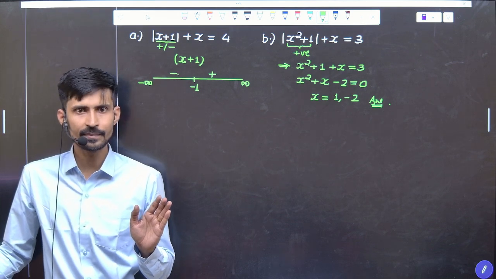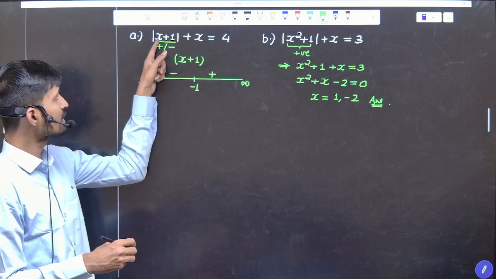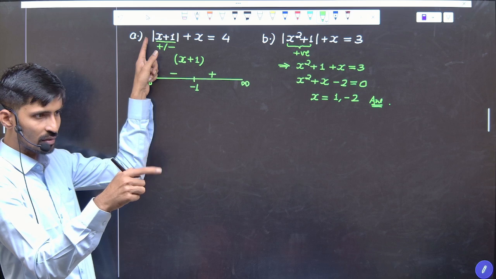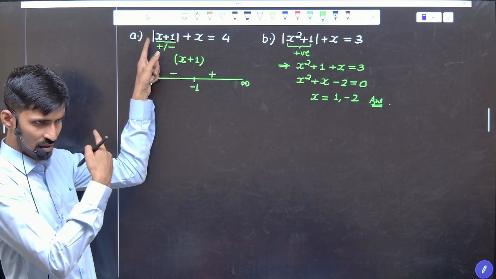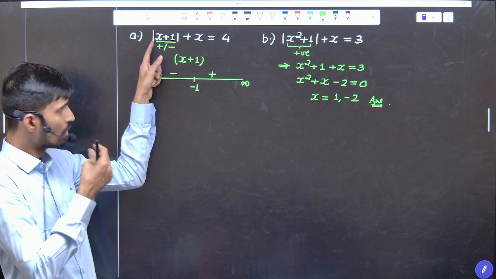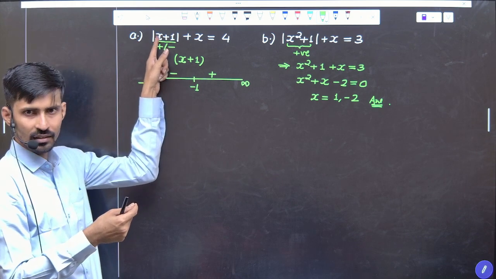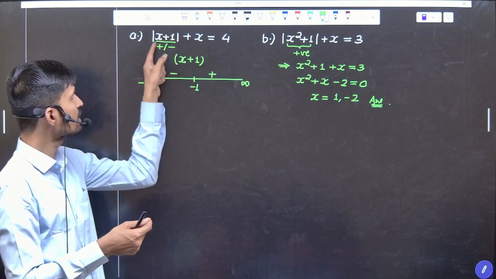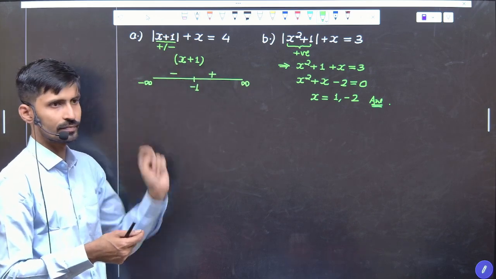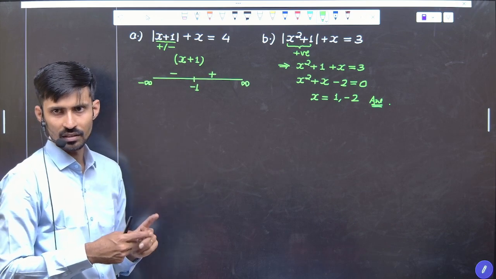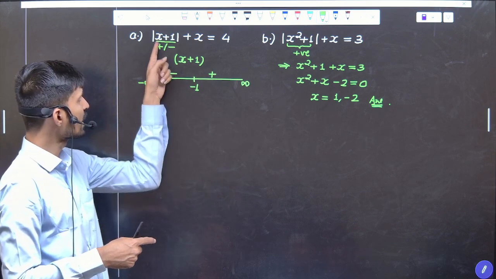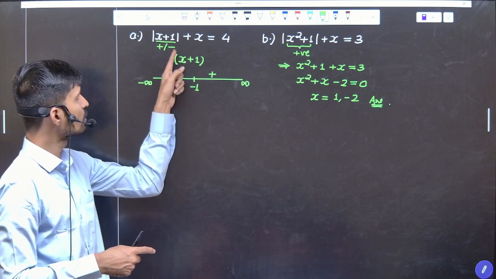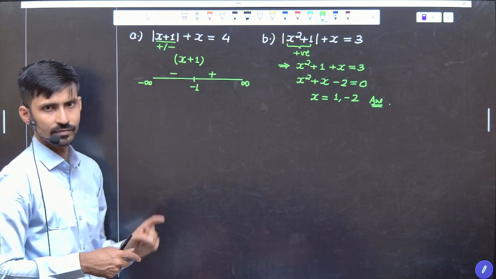It means that for this number x, when x is greater than minus 1, x plus 1 is positive. And when x is between minus infinity and minus 1, x plus 1 is negative.